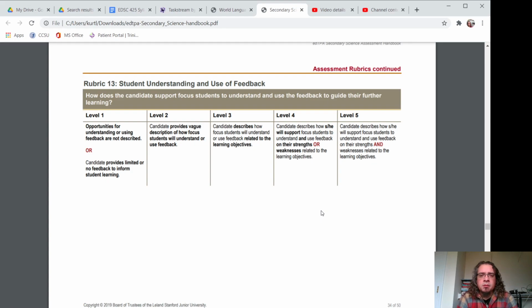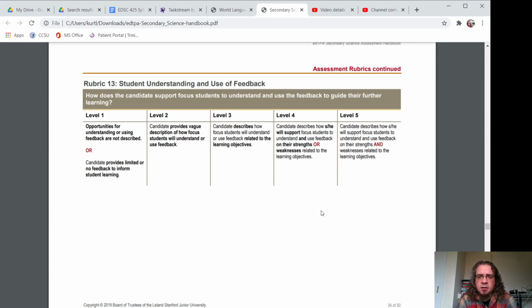The idea here is you're describing how the student, this is in the prompt as you're describing things. Let's look at level 5 here.